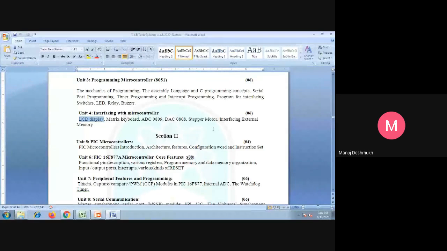And T1 is related to the 8051 microcontroller, I think by Ayala's book or Ajay Deshmukh's book. Which book have we written as textbook 1, T1?